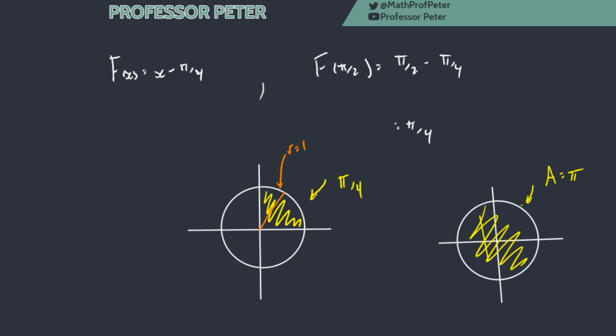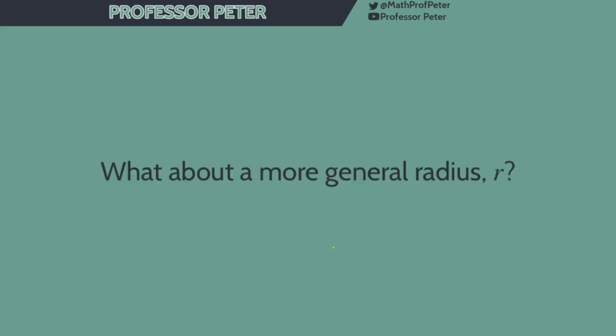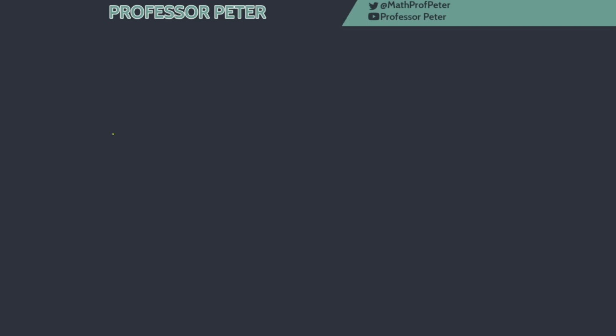Cool, great. So now what we might want to do is say, well, does this work in general, though? We did this for a specific radius. What about the more general radius where we just leave everything as r? Not too big of a deal. So what we're going to do now is set up our function again.